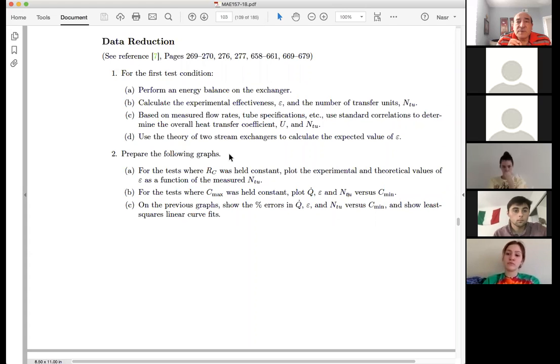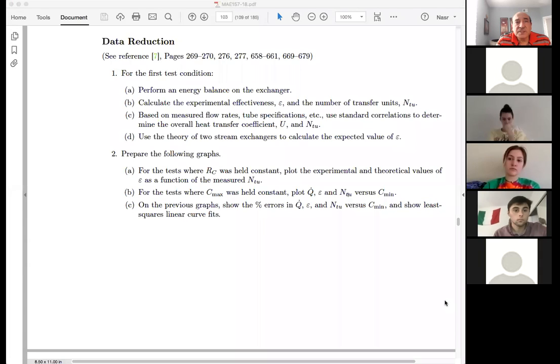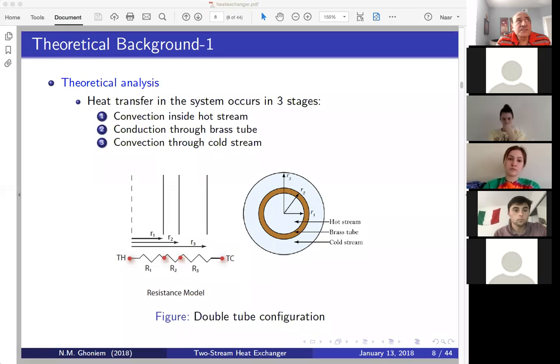So now I'm going to prepare you for how you do point 1 and point 2 in here. So let's just share the screen. The first part of this lecture is going to be on how to calculate the NTU.